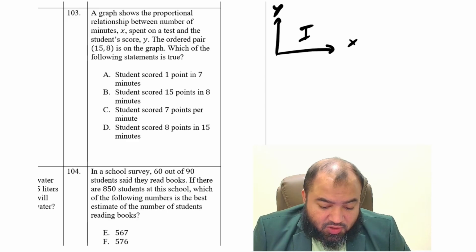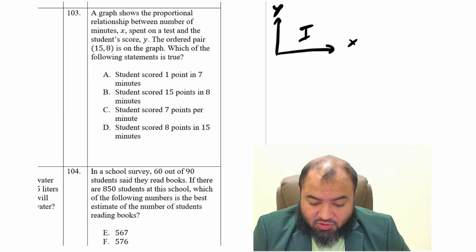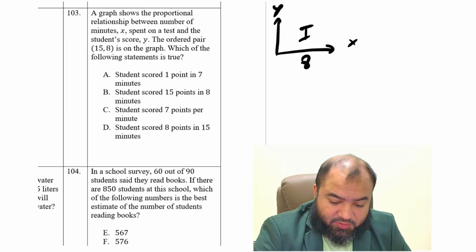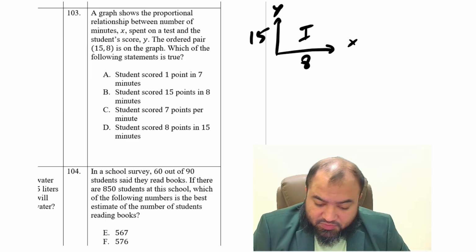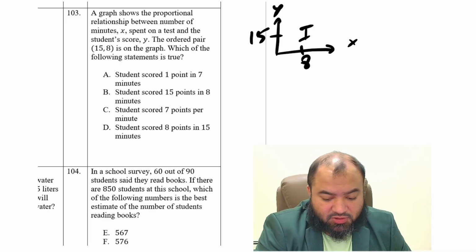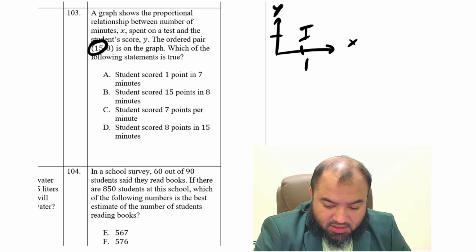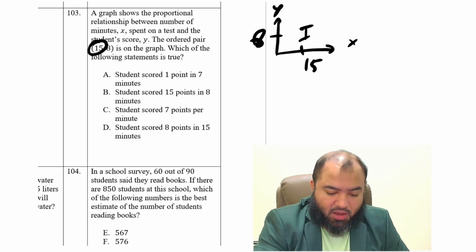Now, the number of minutes x spent on the test and the score y. So 15 minutes spent, the x is the 15 and the score was 8 on the graph.